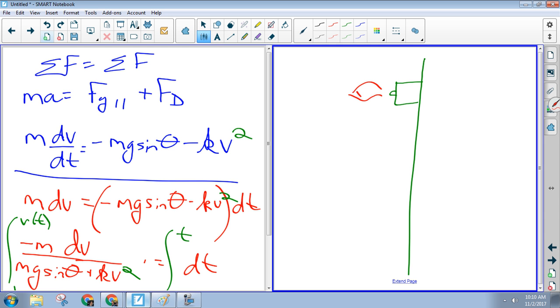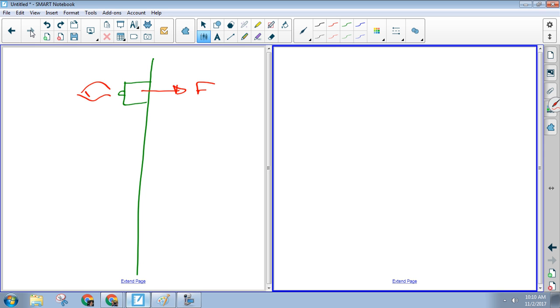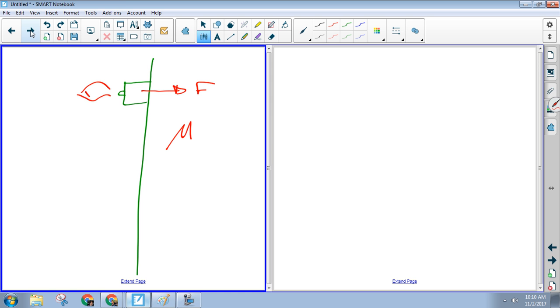So the rocket pack is pushing it this way with a constant force of F. This is not bad. I promise. So we got a constant force of F pushing it that way. It's not enough to prevent it from sliding down the ramp. So it slides down the ramp. Coefficient of kinetic friction is mu k. Drag force as it slides down the wall is kV squared.